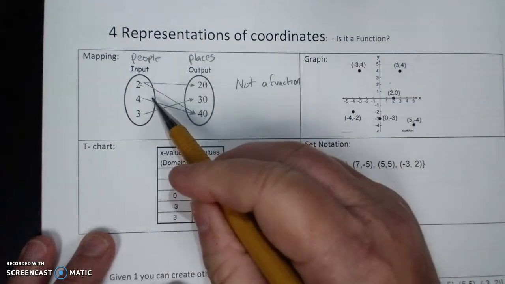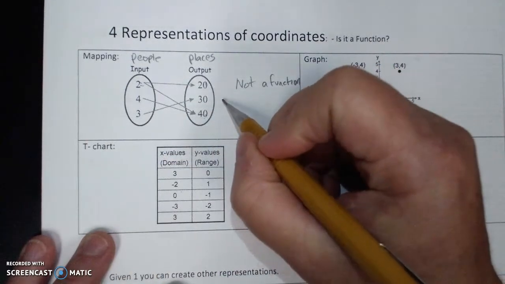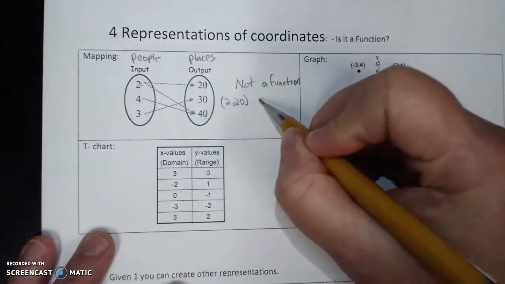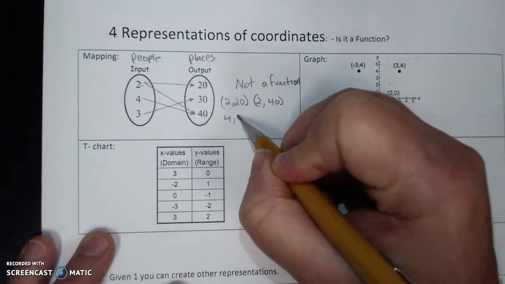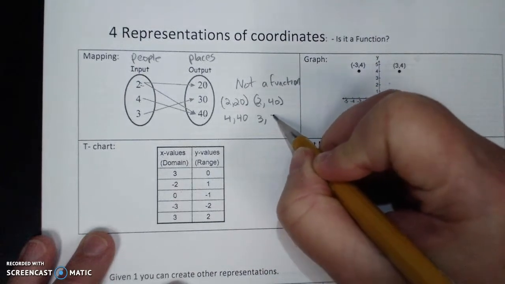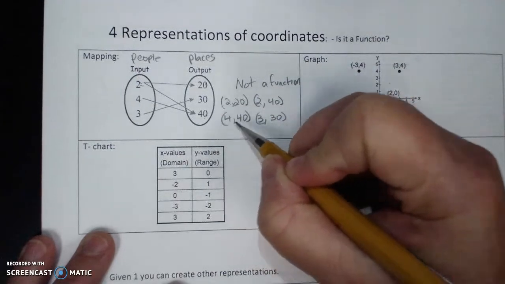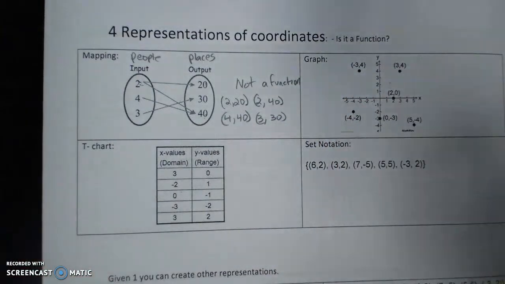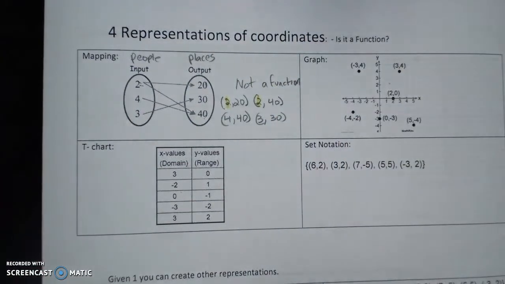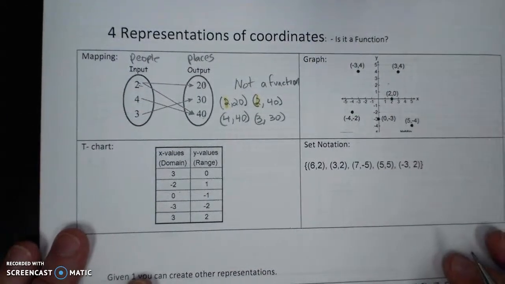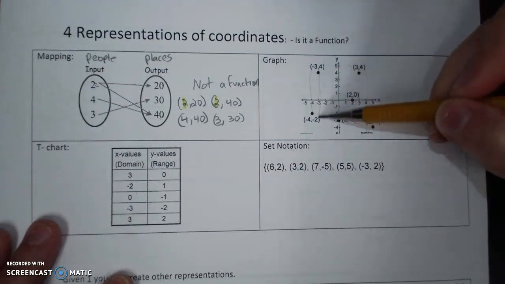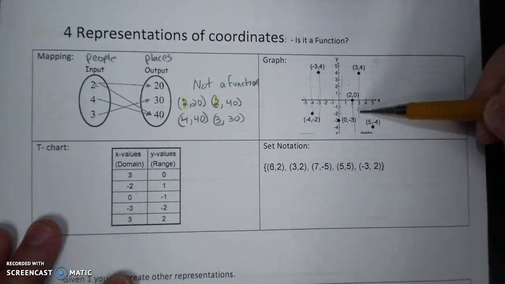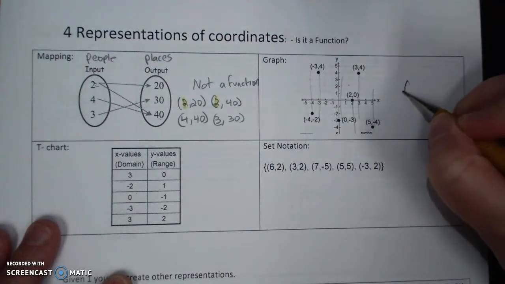You also can pull these out and make them coordinate pairs. And the coordinate pairs would be (2,2), (2,4), (4,4), and (3,3). And what I'm going to do is I'm going to highlight my x's. And notice they repeated. And once my x's repeat, it's not a function. On a graph, I'm going to draw some lines up and down. Notice there's nobody on top of each other, so this is a function.